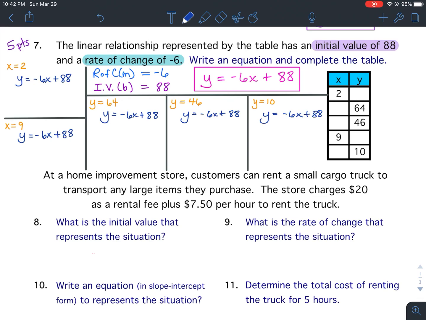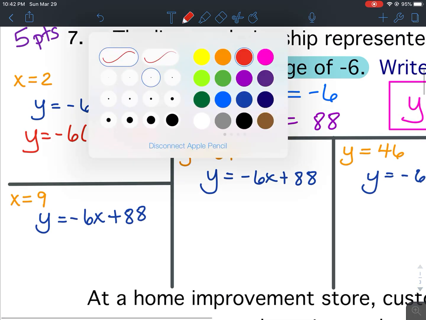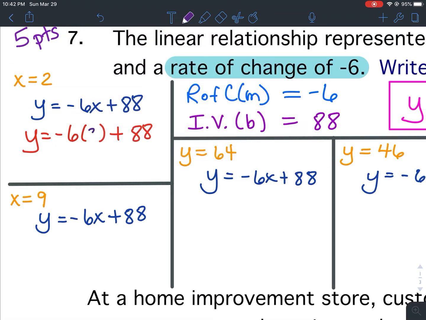Okay, so I'm going to do this one and this one with you. So for the x equals 2, I'm going to put parentheses where the x is, and I'm going to plug in the 2.